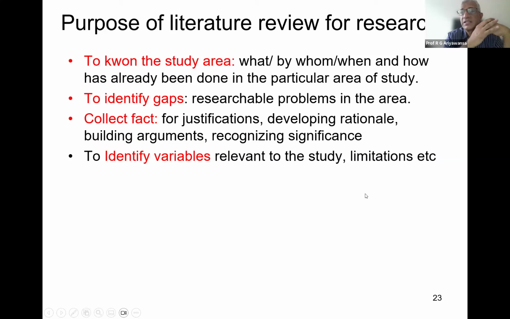For instance, if you want to analyze the factors affecting condominium demand, you have to understand what the factors are. Factors mean the variables, what type of variables, right? Likewise, in order to understand the variables, you have to read. Through reading only you can understand the available variables, maybe hundreds or thousands of variables. So you can understand through reading, right?